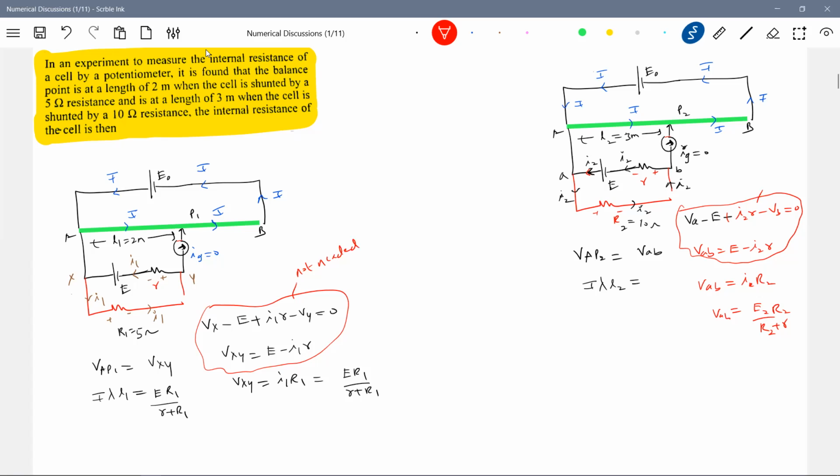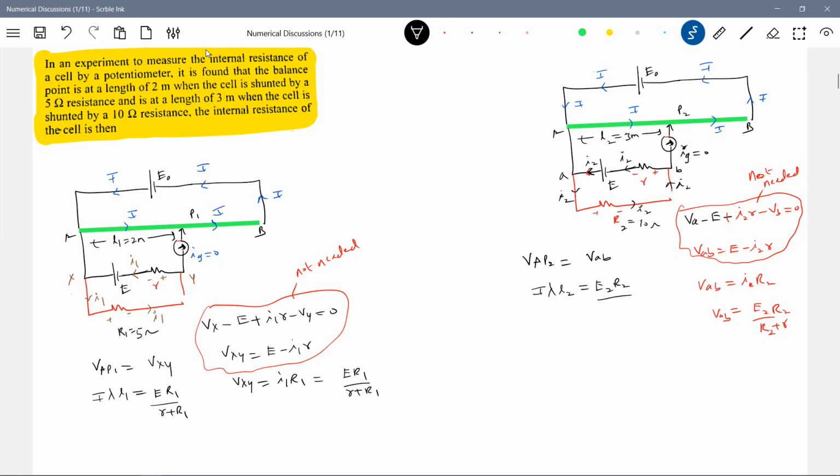See, everywhere, wherever you go, you are just going to apply KCL and KVL. That's all, nothing big. So this value of VAB, I'll substitute here. What is VAB equal to?